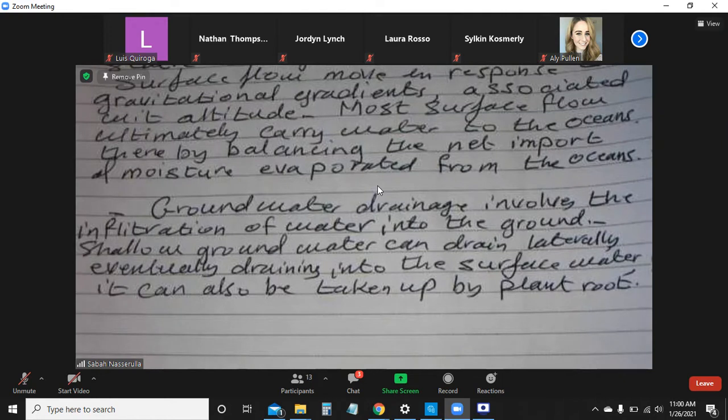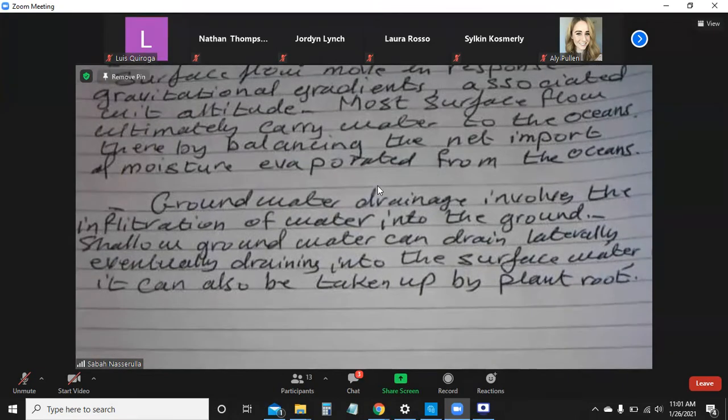As I already mentioned, the deeper groundwater, or artesian reservoir, is not available, but sometimes it is very large.